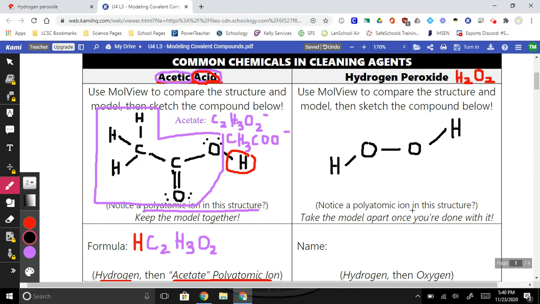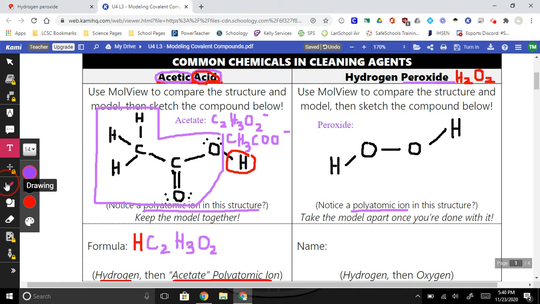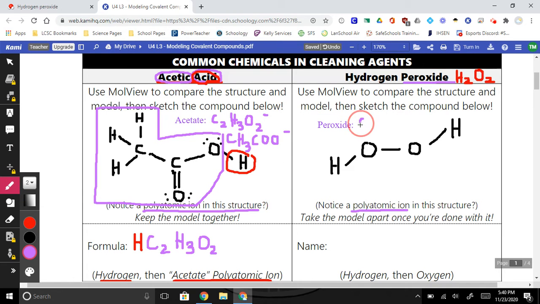Okay, so there's actually a polyatomic ion that's found its way into this one as well. Peroxide, let's write over here. Peroxide, actually O2 with a -2 charge, which is what's happening here.